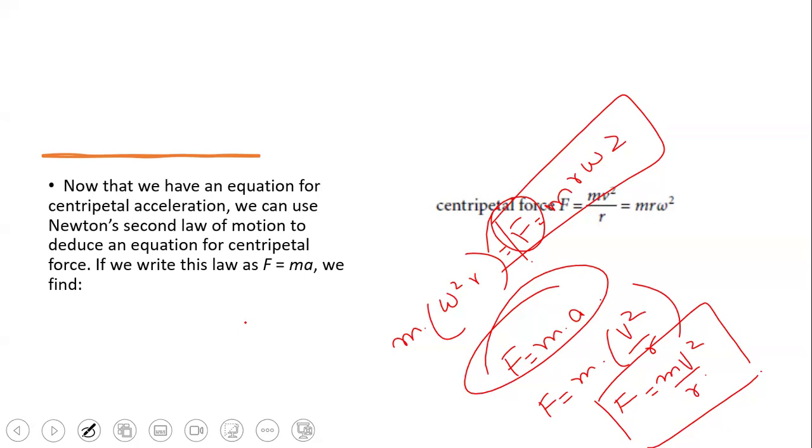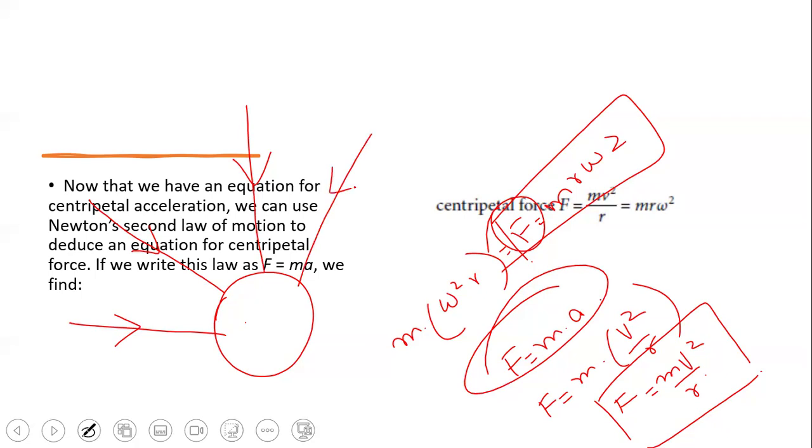But large objects like our planets and stars have such huge mass that they are able to produce a significant gravitational force. Gravitational force is an attractive force, and it is always acting towards the center of the mass.